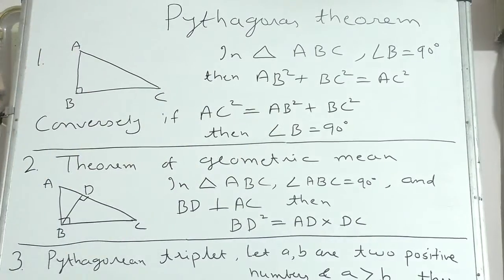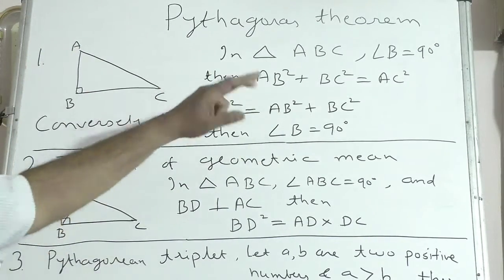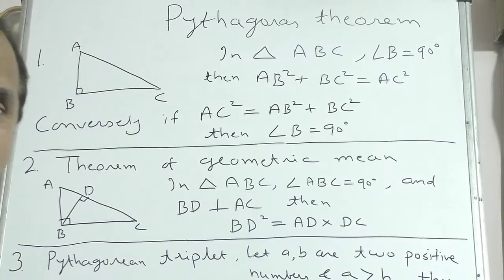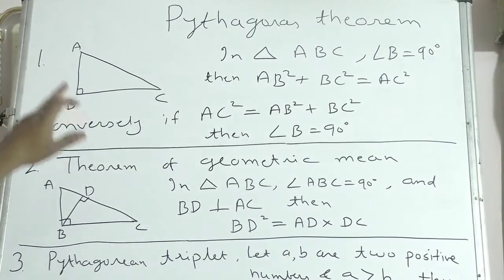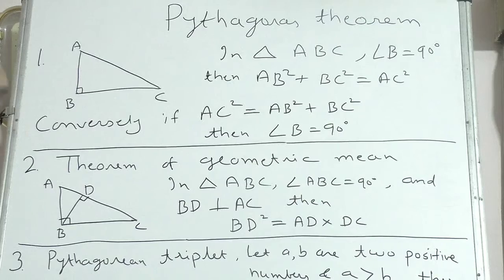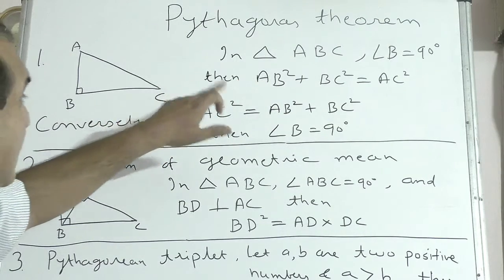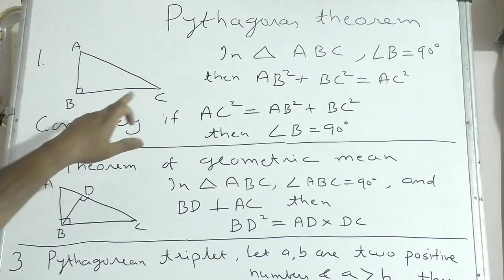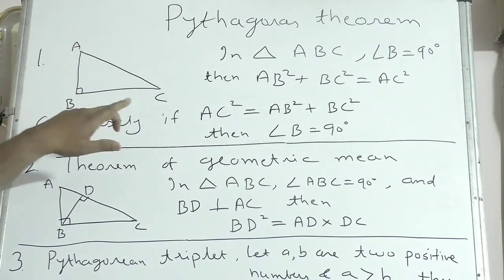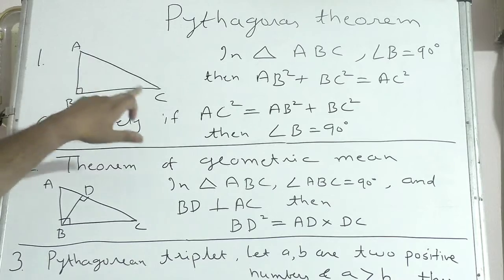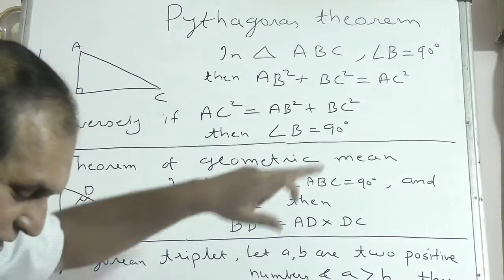Okay, see, what is Pythagoras theorem? In triangle ABC, this is only for right angle triangle, okay? In triangle ABC, angle B is 90 degree, right? So it is right angle triangle. So then, AB square plus BC square, sides containing right angle, and opposite to B is right angle is hypotenuse. Hypotenuse one side.